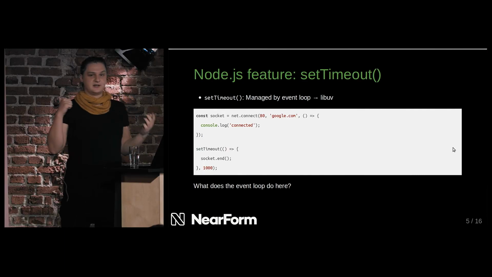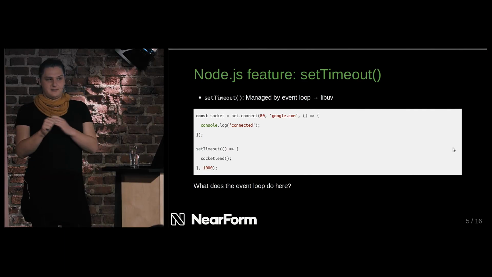If the connection takes more than 1 second to establish, it has to run the setTimeout first. If the network connection finishes after 200 milliseconds, it has to know that this timer still needs to wait for 800 milliseconds. So it's going to have to figure that out. And that is the event loop.